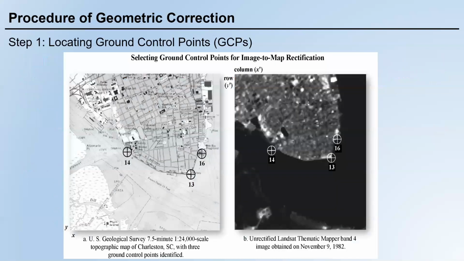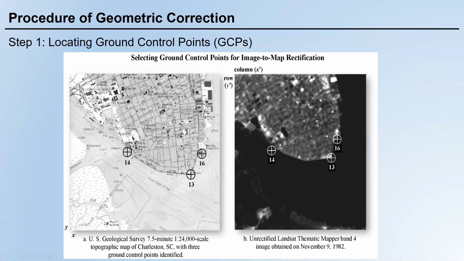So here is an example on the left side. It's just a regular map showing, I'm not sure Manhattan, but yeah, anyway, it's an island. On the right side is the remote sensing image for the same area. So on the left side, we have three GCP points. They are part of the whole GCP sets. One is called GCP 13, another one is 16, another one is 14.